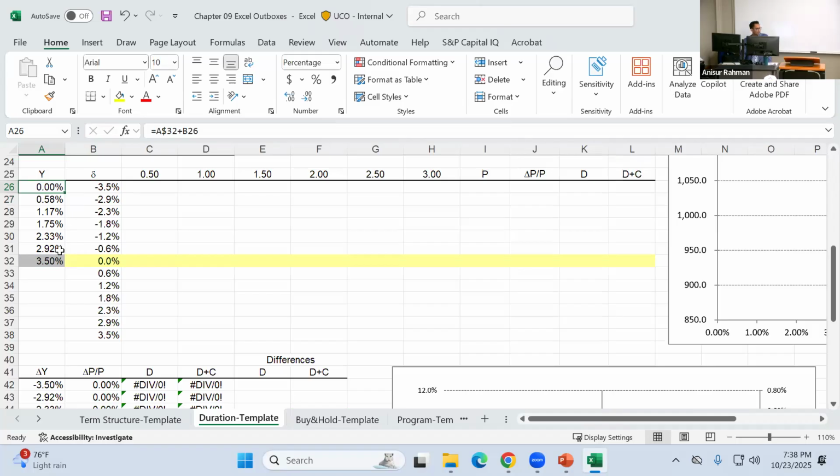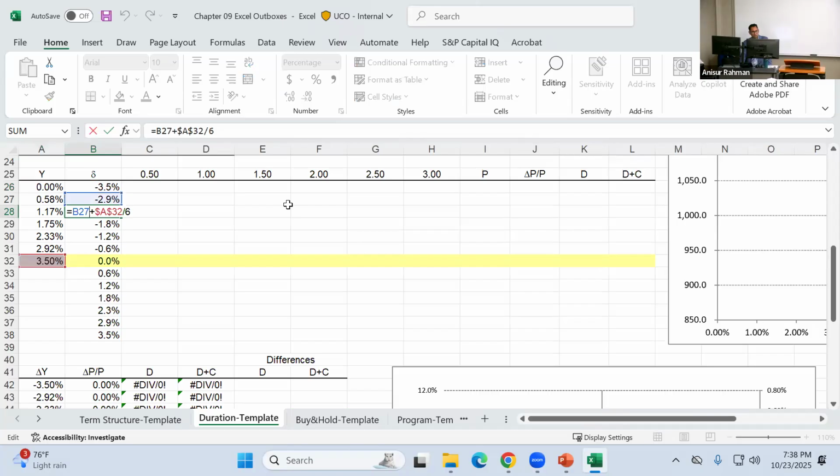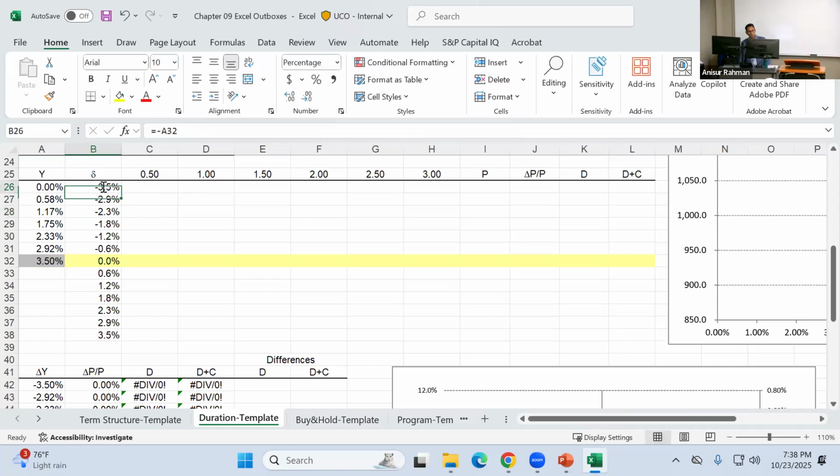up to this 31. Could you please show the formula for B28? It's the difference. B28? Yeah. So make sure this is what you have here.